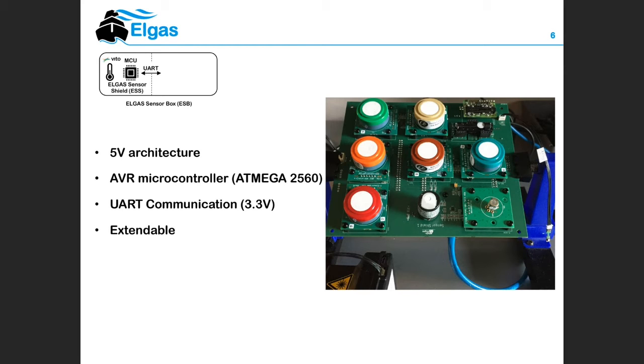The sensor shield in this case is built around a 5-volt architecture based on AVR. All the logic is based on an AVR microcontroller, and all the data are communicated with the rest of the system using the standard UART communication protocol.